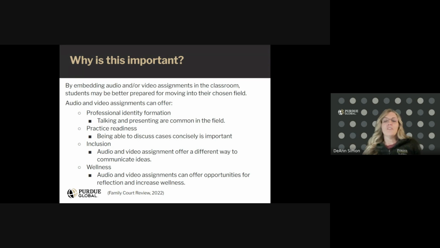Students talk about what challenges they have experienced in the field, if they're already working in it, or feel they might experience, and how that could lead to burnout. And what strategies they would employ to address that level of stress. I was actually just grading some of those today, and everybody has such wonderful ideas.